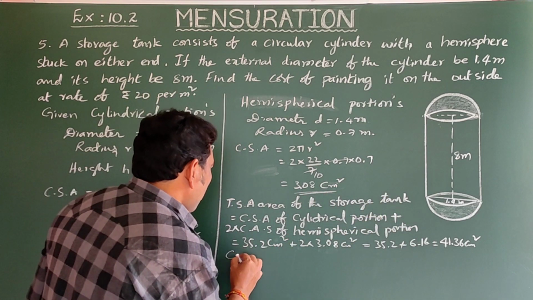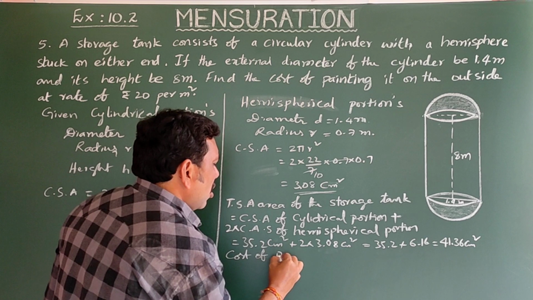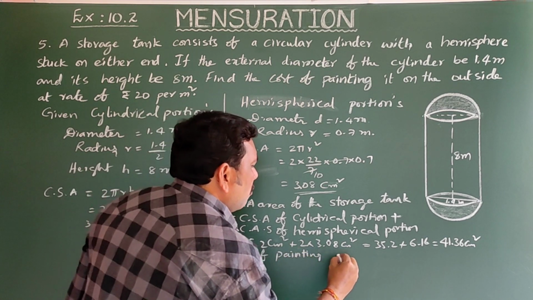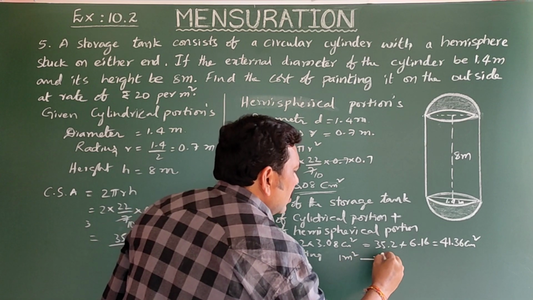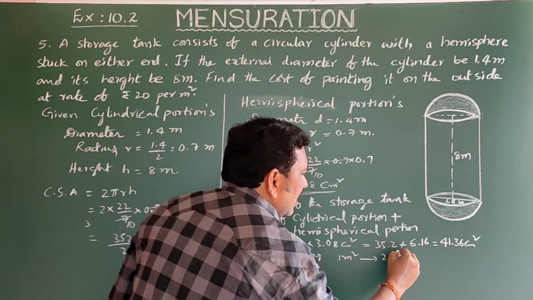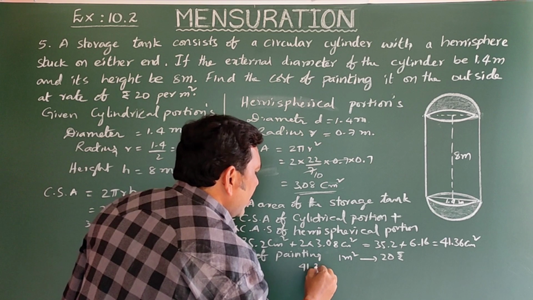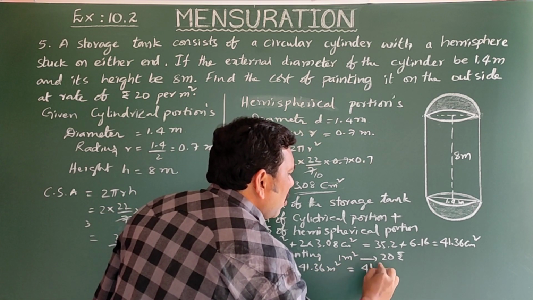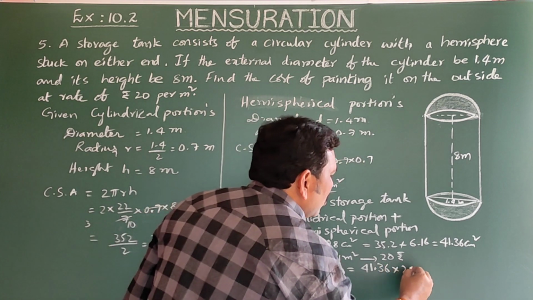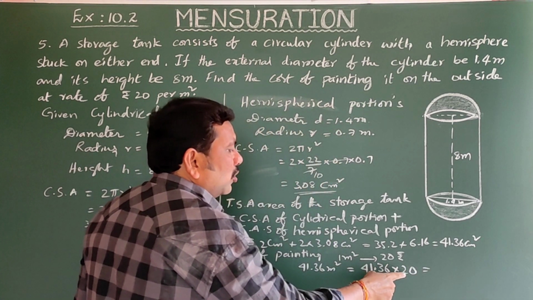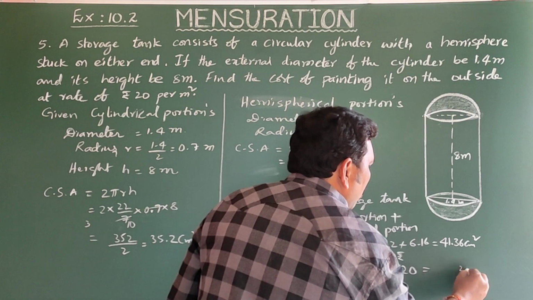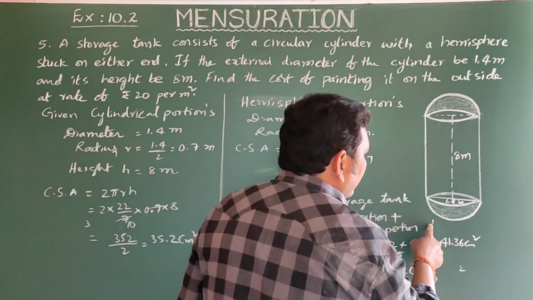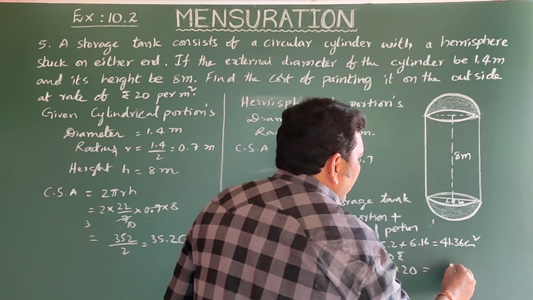Next, cost of painting. 1 meter square is 20 rupees, right? Now 41.36 meter square is equal to 41.36 into 20. Multiply with 2 first. 2 6s are 12, 1, 2 3s are 6 plus 1, 7.